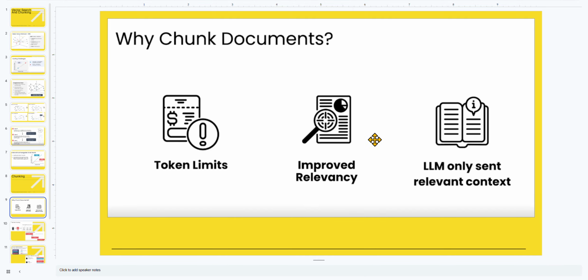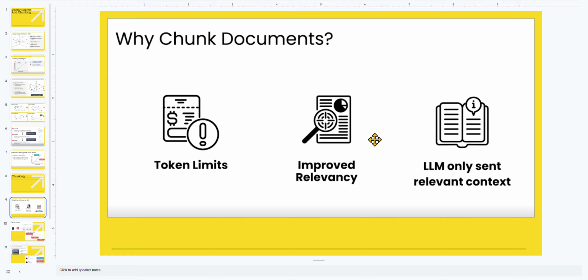Improved relevancy. Let's say you divide this 1,000-page document into one-page chunks each, and then in your RAG query you pass the exact, I don't know, 550th page which contains the answer to the question: when was the name changed from Bangalore to Bengaluru?